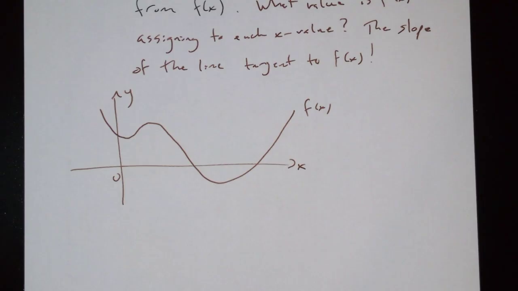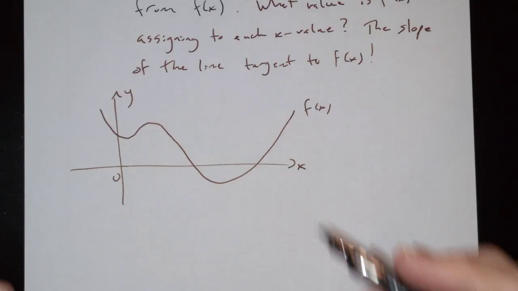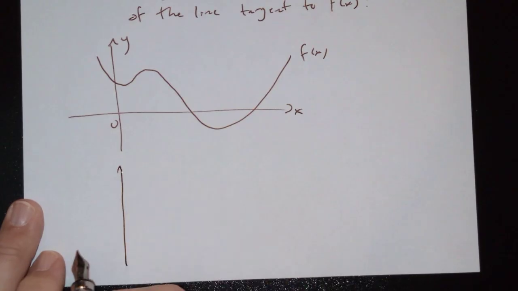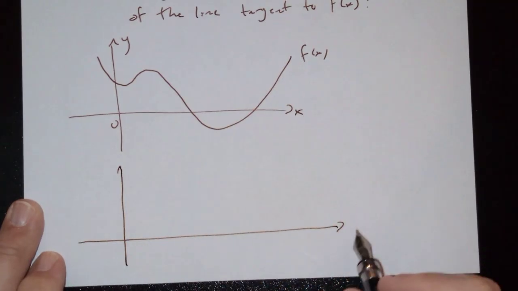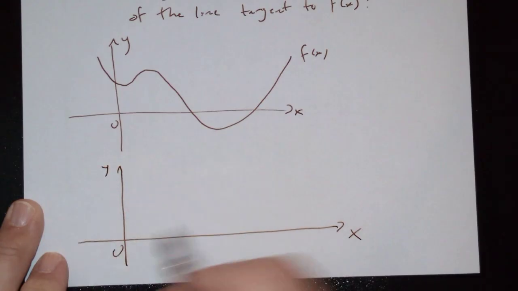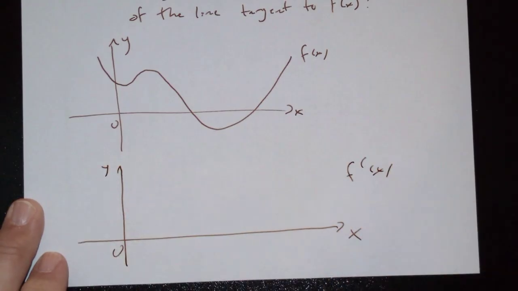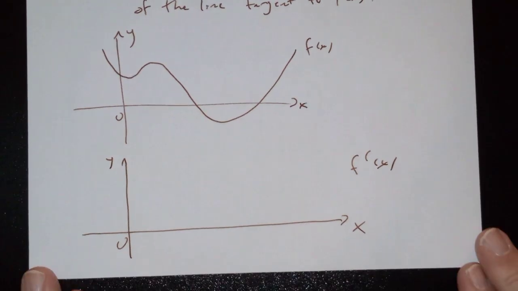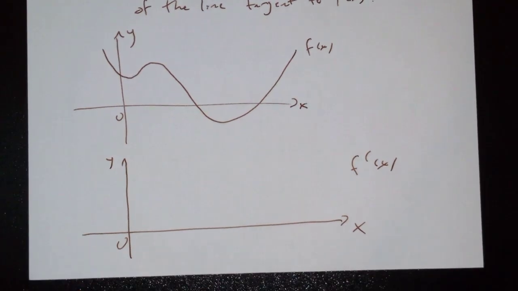Because I'm going to think of creating a new picture, f prime, by going point by point. Well, roughly point by point, and looking at tangent lines.